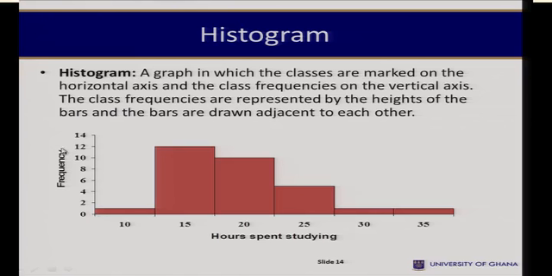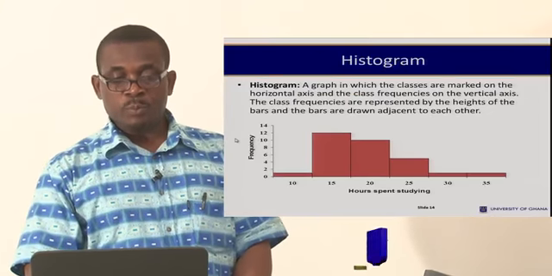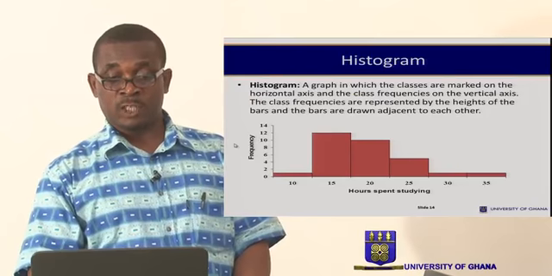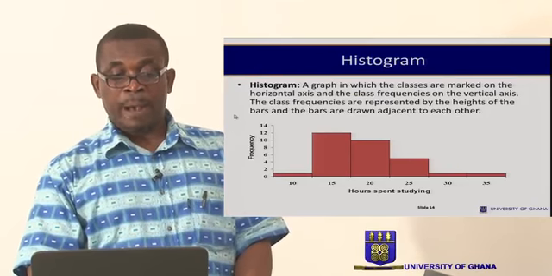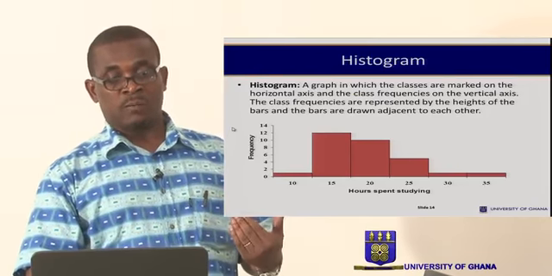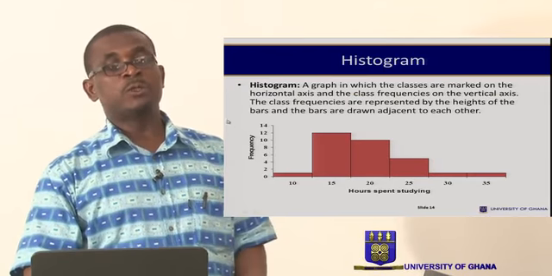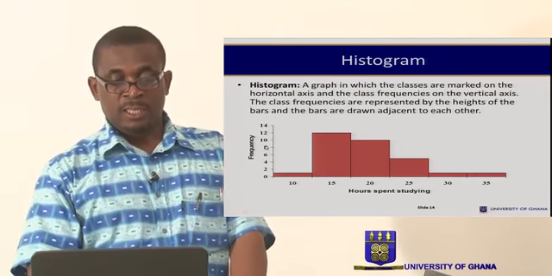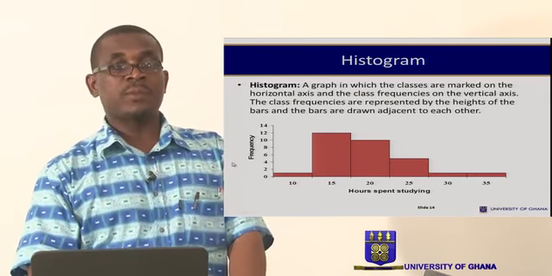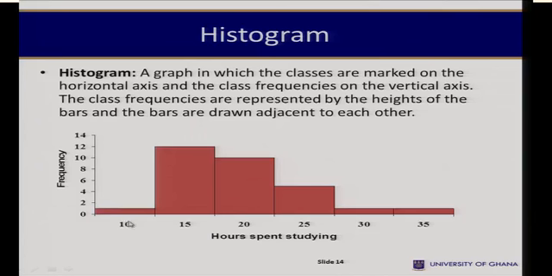And then the frequencies are represented on the vertical axis. So what we do is to represent the frequencies in each of the classes by bars, and the height of the bars corresponds to the frequency in each class. So you realize that the class 13 to 17 is this, and it had the highest frequency of about 12.